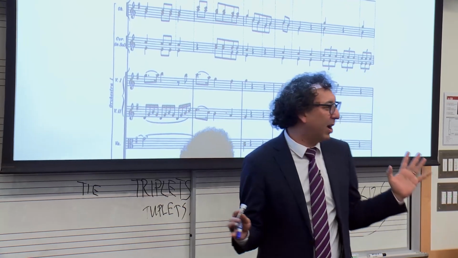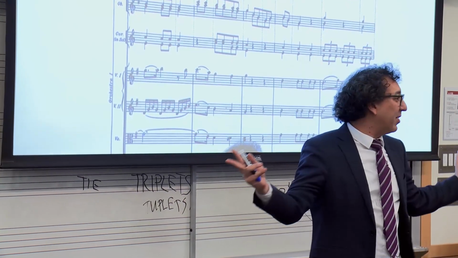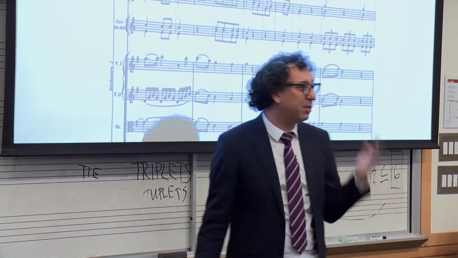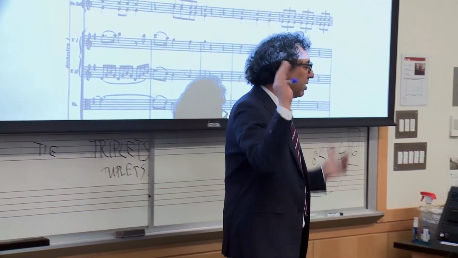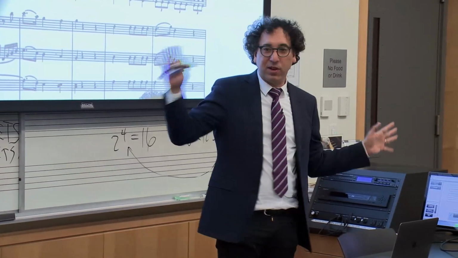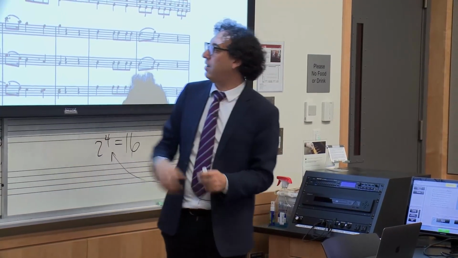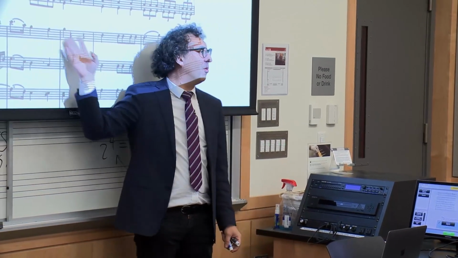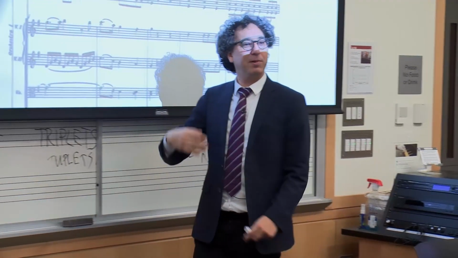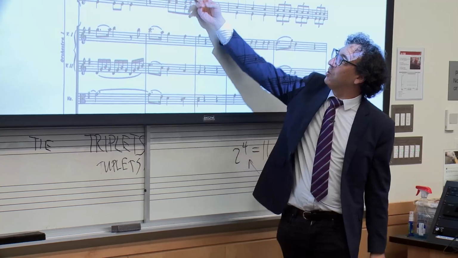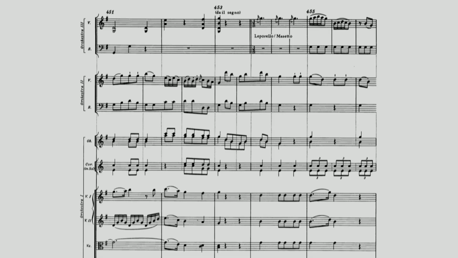If you don't know the opera, they go to a very, very rich ball, and it's kind of like going to a club today with multiple rooms and multiple people, DJs or whatever, doing things. And so here at this big ball, we're going to have in one room in 3/4 a stately minuet for the upper classes. They like their 3/4 dances at the time. And then in another room, we're going to have a dance in 2/4 for sort of the middle class, because they like those things.